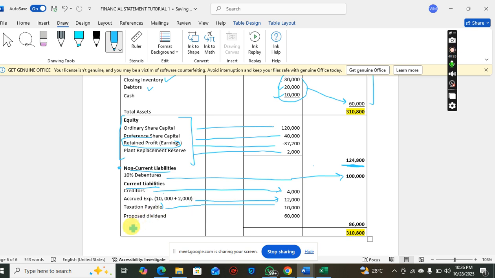Then we have that proposed ordinary share dividend, that's 60,000. We place it here. So when you add 4,000 plus 12,000 plus 10,000 plus 60,000, you get 86,000.